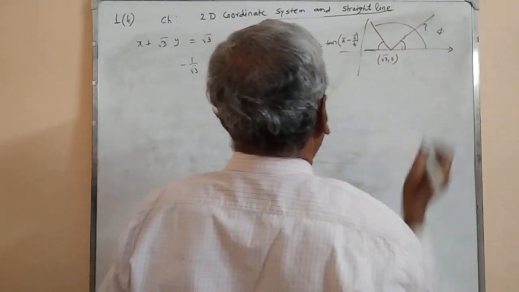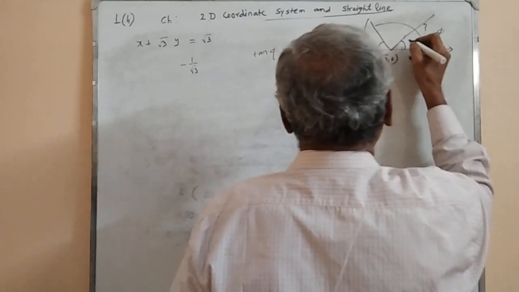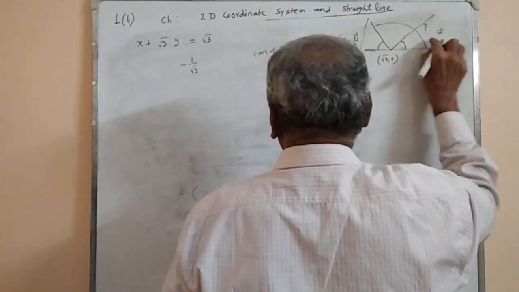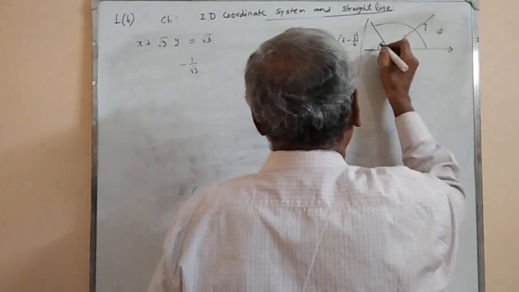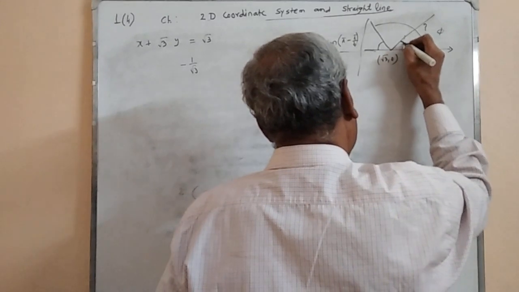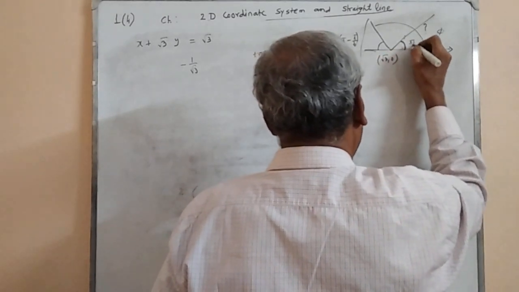This angle is 5 pi by 6. And if this is phi, meaning 5 pi by 6, then this angle is pi by 6. That angle is also pi by 6.